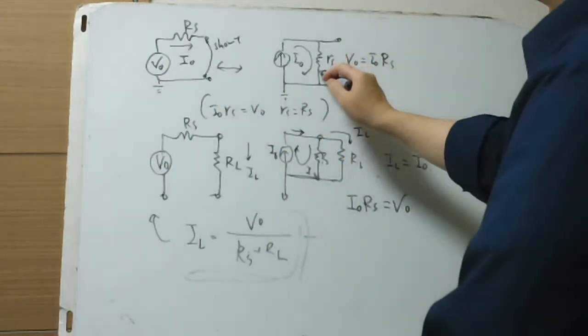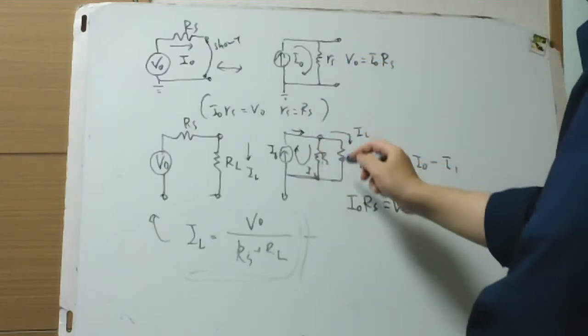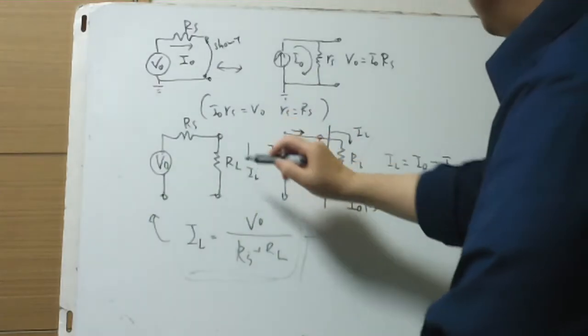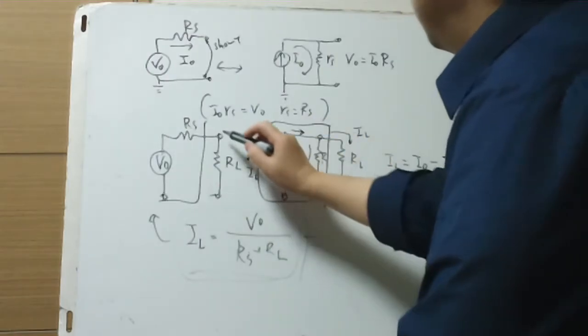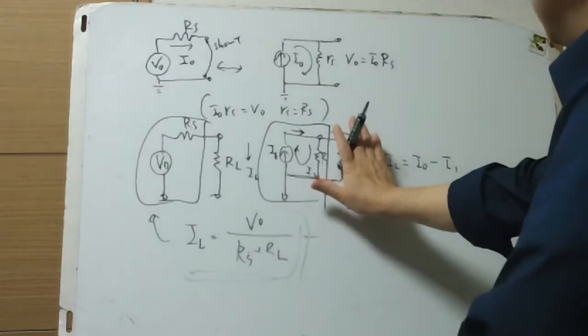And this topology and this topology exchange to this topology, cutting this, excluding here, there's no current IL.